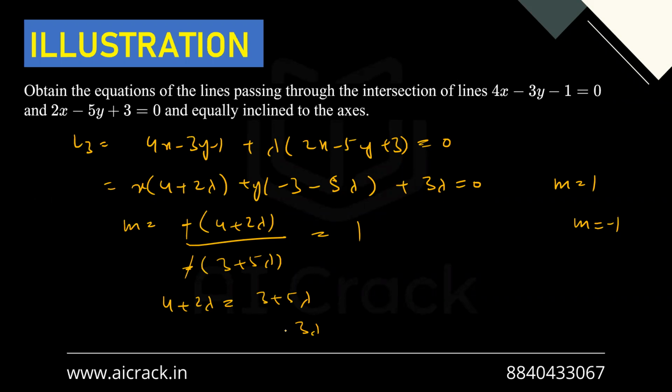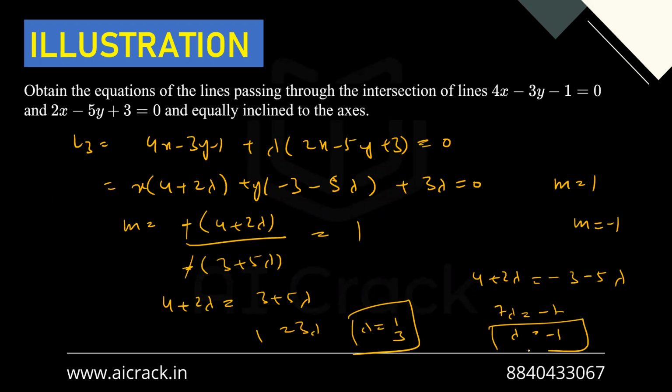That would give me 3 lambda equals 1, lambda equals 1 by 3. And for the other case, that would give me 4 plus 2 lambda equals minus 3 minus 5 lambda. That would give me 7 lambda equals minus 7, lambda equals minus 1. So for these two lambda values, we can find the two L3 equations.